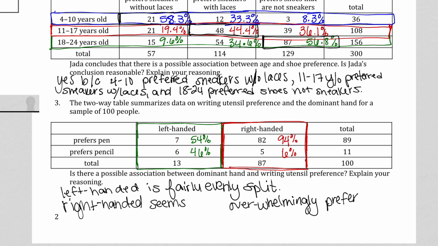Instead of seems to overwhelmingly prefer pen, not B. That was not really good grammar.